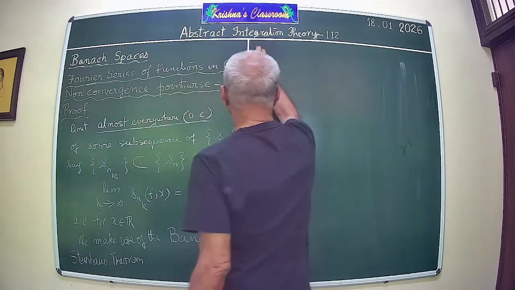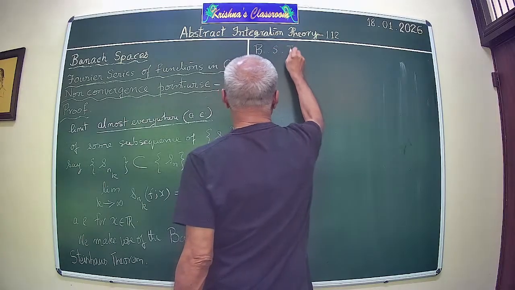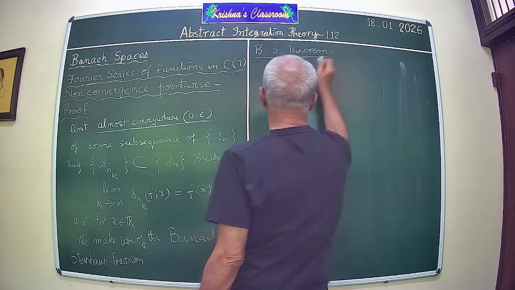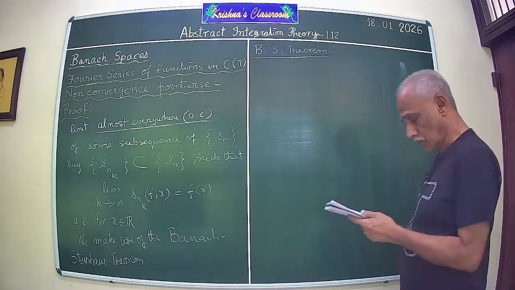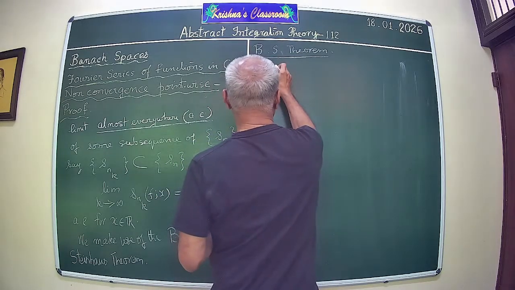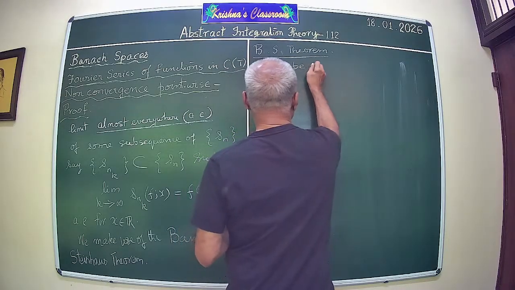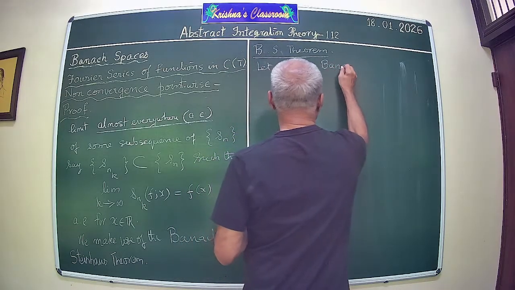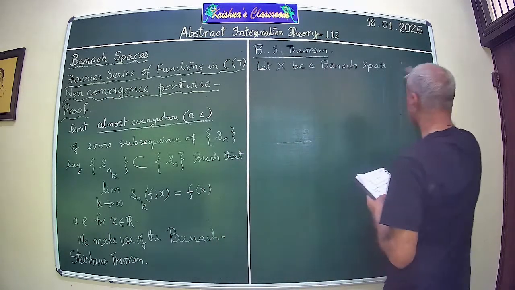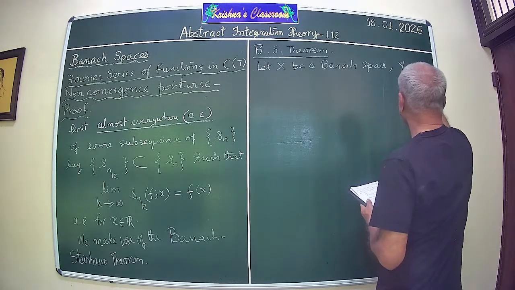The Banach-Steinhaus theorem is: suppose X is a Banach space and Y a normed linear space.